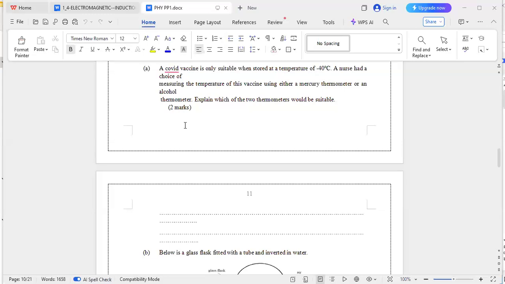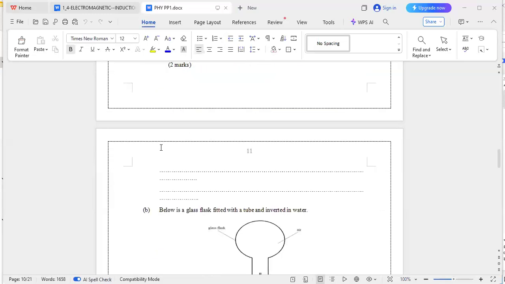Mercury freezes at negative 39, so by the time we reach negative 40, it's already a solid. Alcohol freezes at negative 115 degrees Celsius, so it will be able to measure that temperature. So the answer is the alcohol thermometer, since it has a lower freezing point.